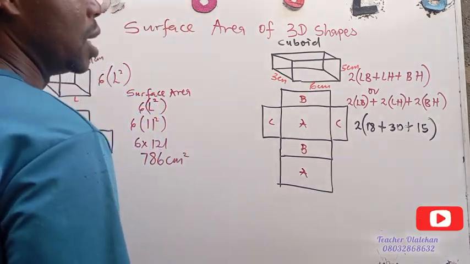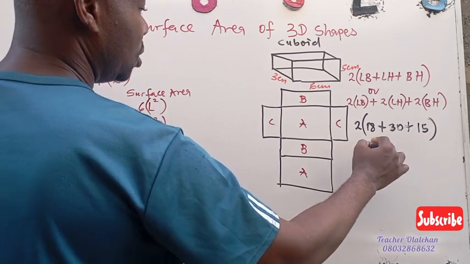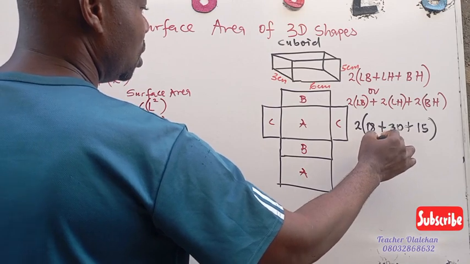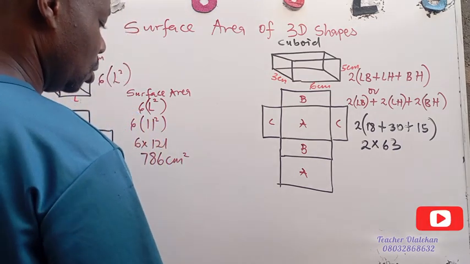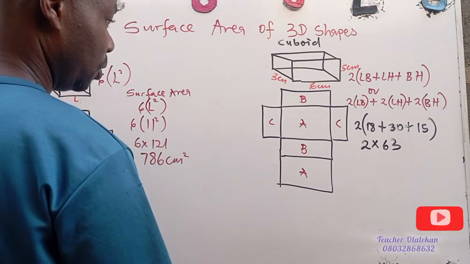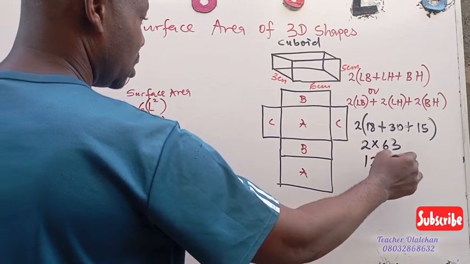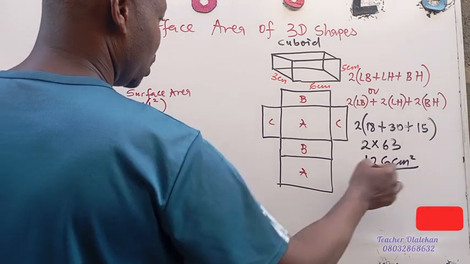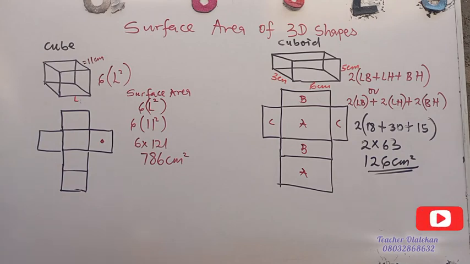The addition of everything gives us 63. So that will be 2 times 63, which gives us 126 centimeter square. So this is how to find the surface area of a cube and cuboid.